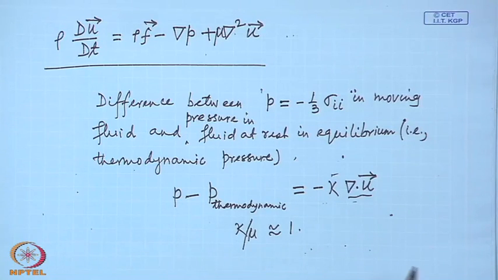So, in case of incompressible motion, even though the fluid is moving and not in exact thermodynamical and mechanical equilibrium, this difference is 0. That means, both can be taken as the same thing. The pressure in a moving fluid is the same as the thermodynamical pressure or the static pressure.